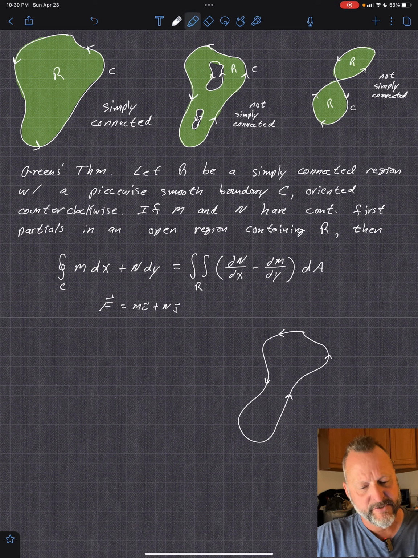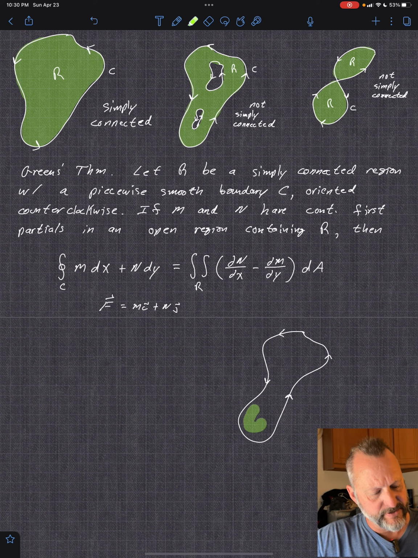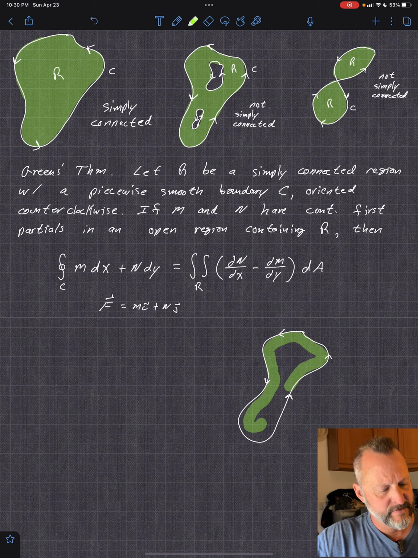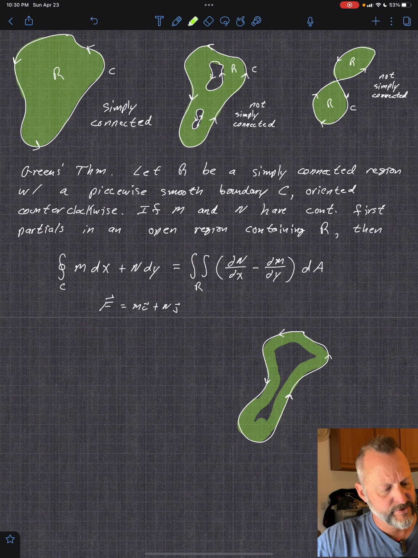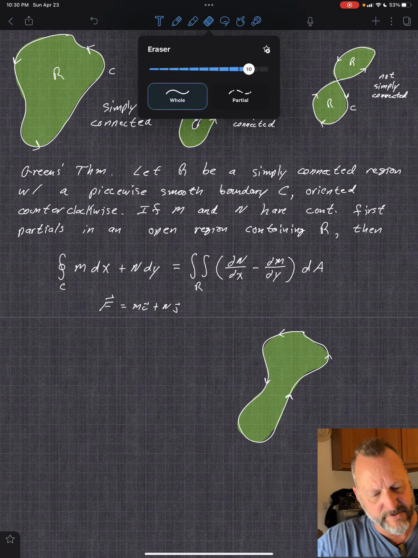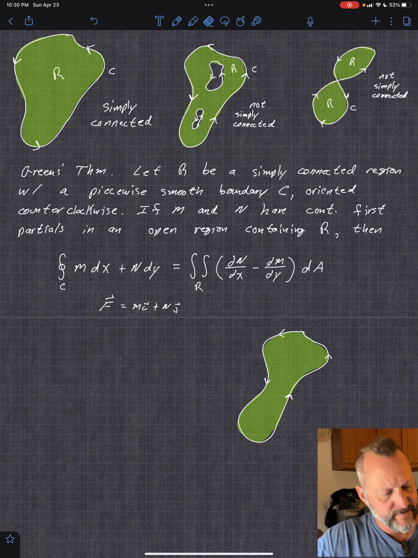So you need to picture a simple closed region like this, oriented counterclockwise, and that's just how it will show up. So you have that as your region like this. Okay, so there's your R, and you could have it start and stop like this.